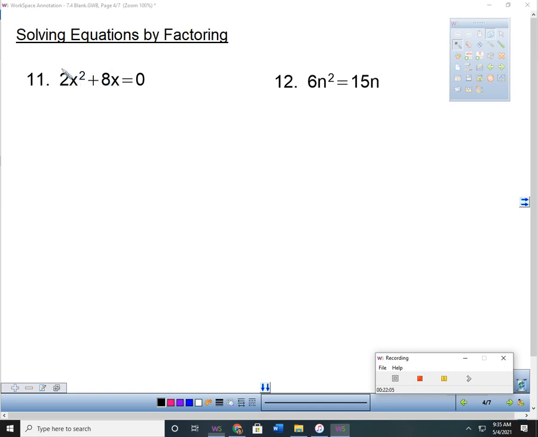So, the biggest number I can divide from 2 and 8 is going to be 2. And then I have an x squared and an x to the first, so their common factor would be x. So I'm going to divide the 2x squared by the 2x. I'll just do it out to the side.